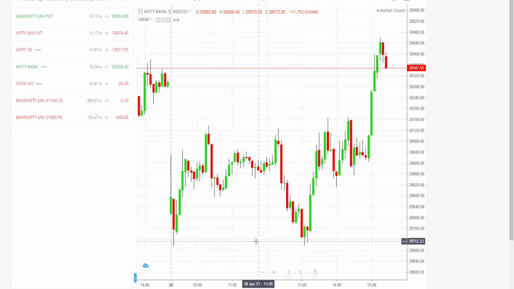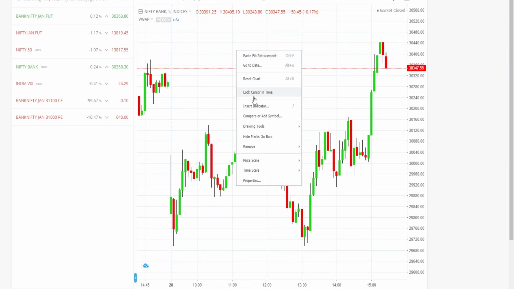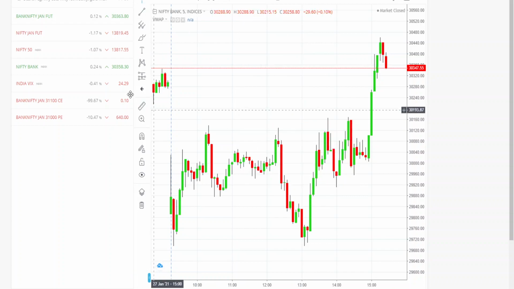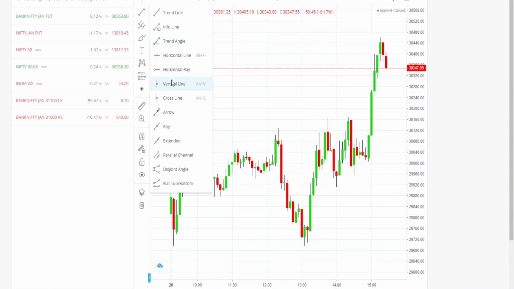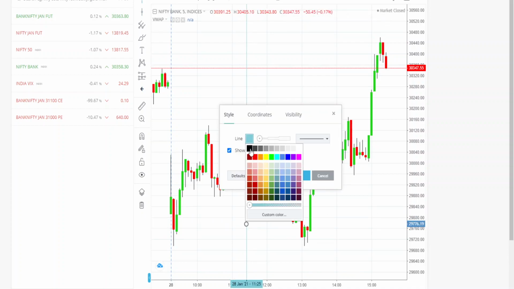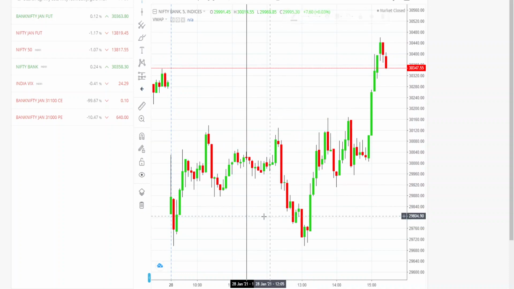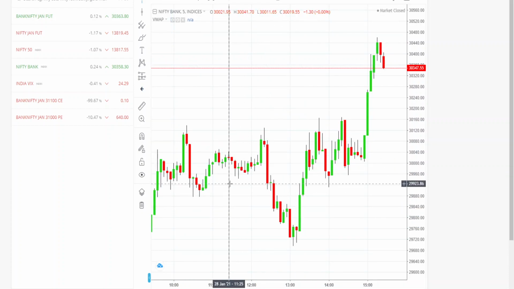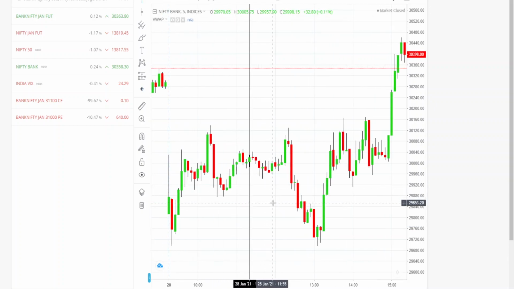If I go to 11:30, let me plot a line here. 11:30 is the opening candle, so this one. This is the 5-minute candle I have taken, and here there was a spike.